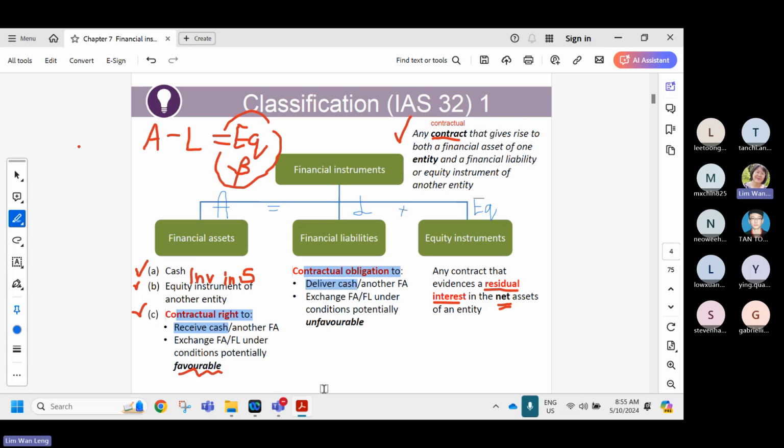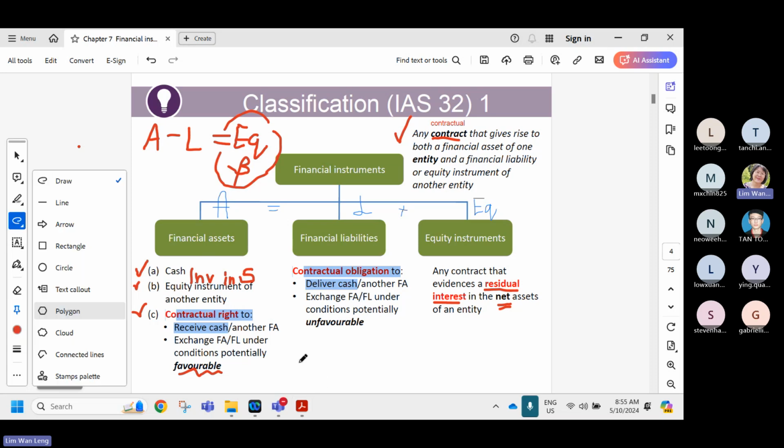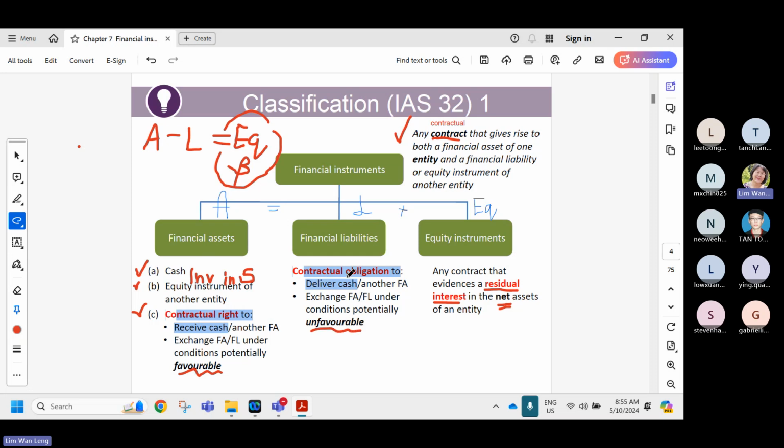So you have certain outflows, and once you have these outflows, you have an obligation to settle them, meaning they are exchanged under conditions that are potentially unfavorable to you. Because money will leave your bank account anyway. So this is an obligation to deliver cash, and this is a right to receive cash. Okay, so you can see the difference. And as mentioned, equity instrument is always the residual.